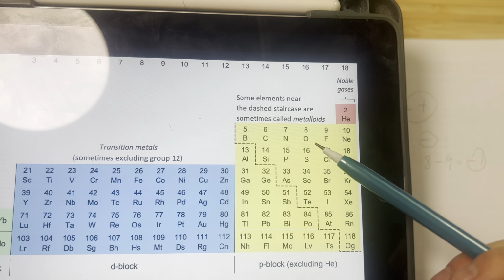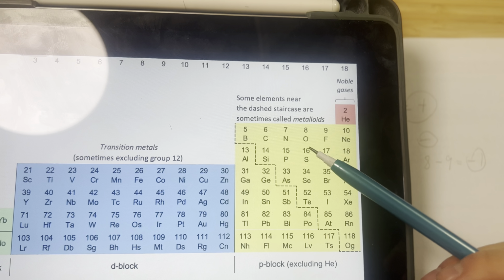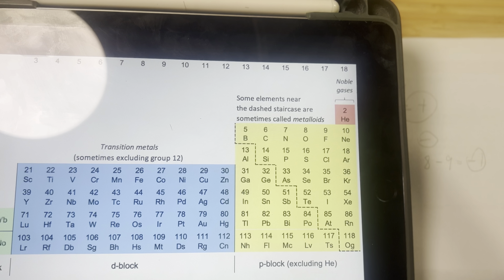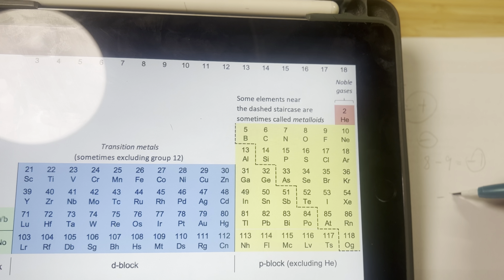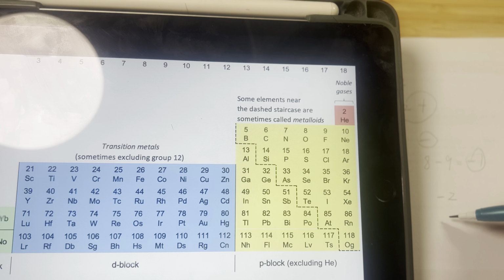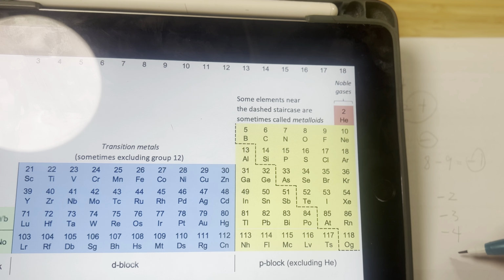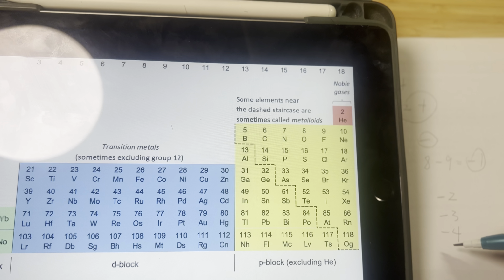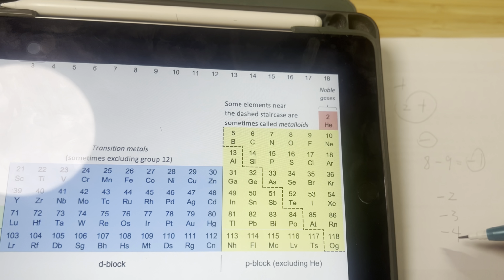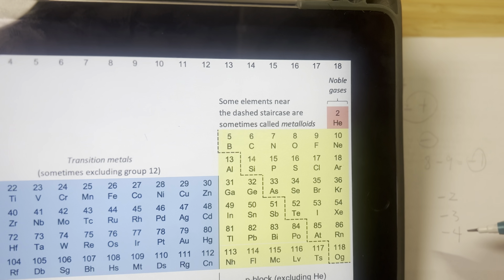Also oxygen and sulfur always have a negative 2 charge. For nitrogen, negative 3, and carbon, negative 4. But there's no tetra bond in carbon. They have double bonds or triple bonds, but a tetra bond does not exist.